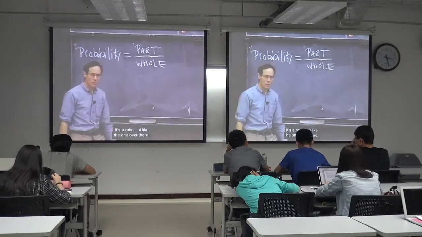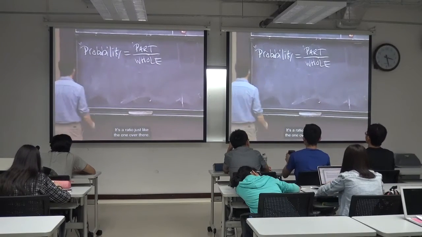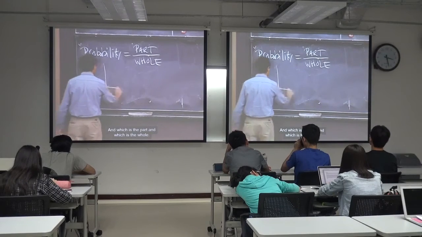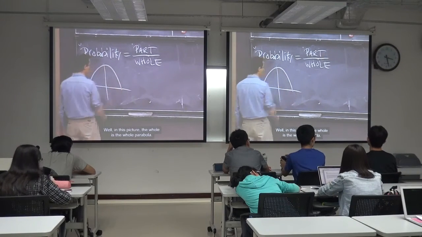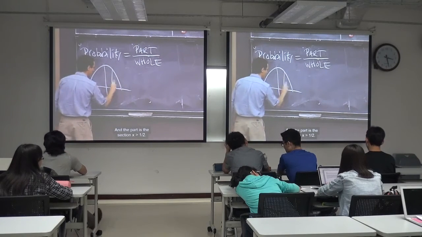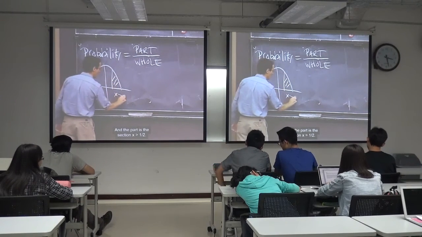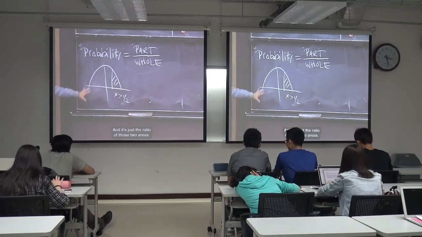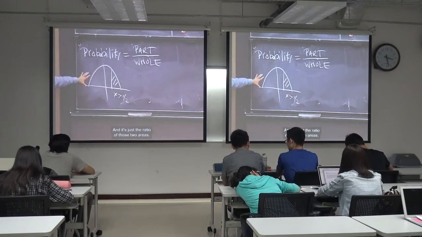It's a ratio, just like the one over there. And which is the part and which is the whole? Well, in this picture, the whole is the whole parabola, and the part is the section of x bigger than 1/2. And it's just the ratio of those two areas.